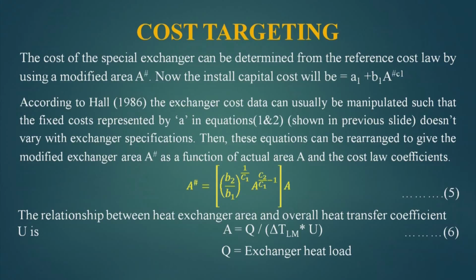The relationship between heat exchanger area and the overall heat transfer coefficient U is A equal to Q divided by delta T L m into U, where Q is the heat exchanger load.